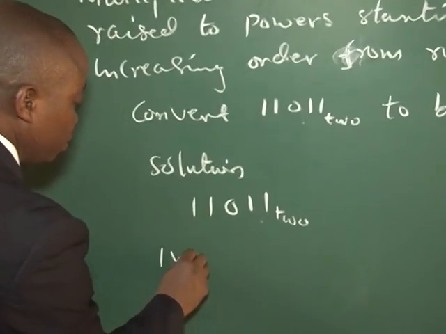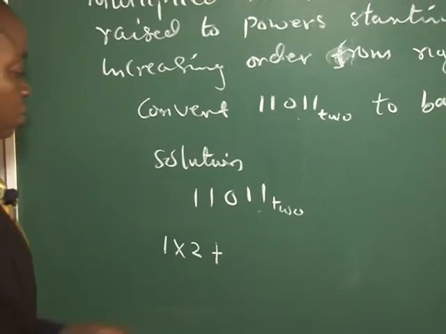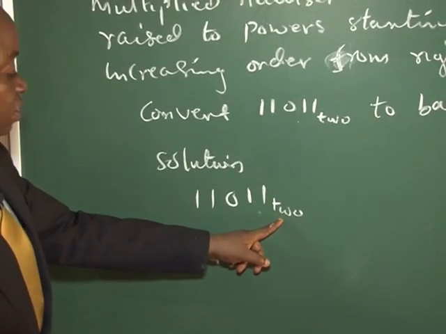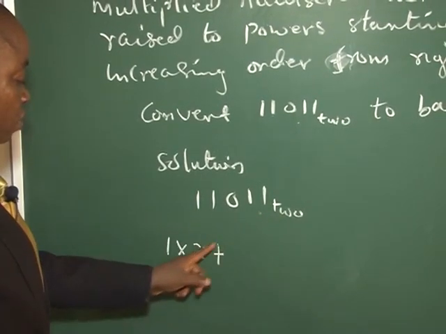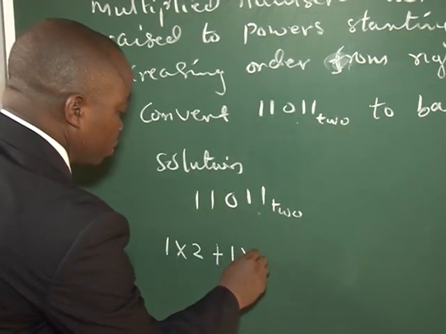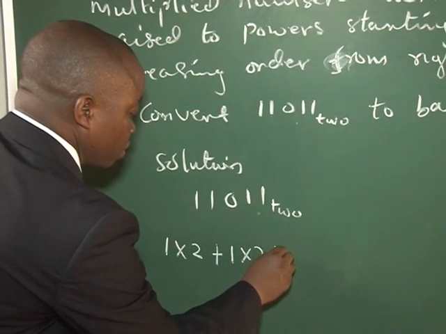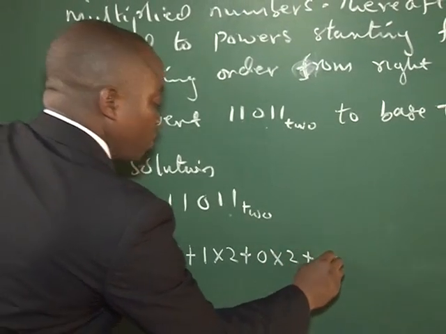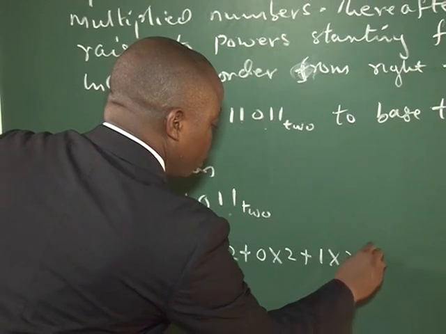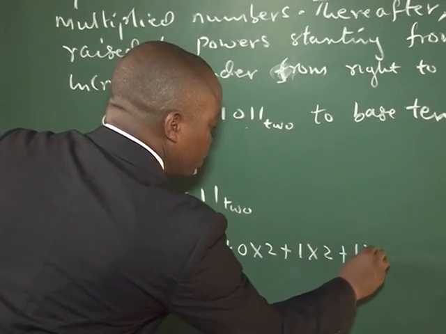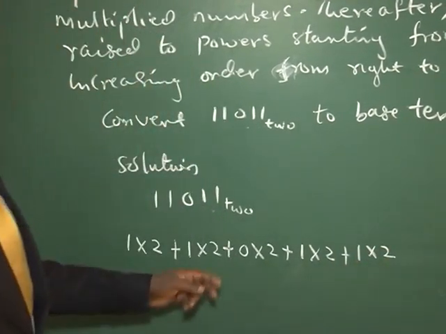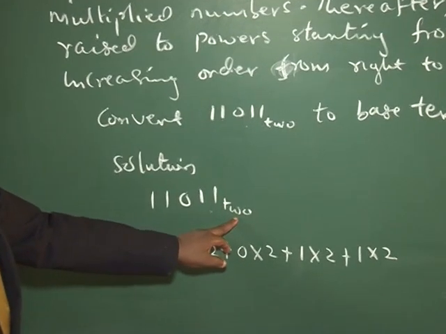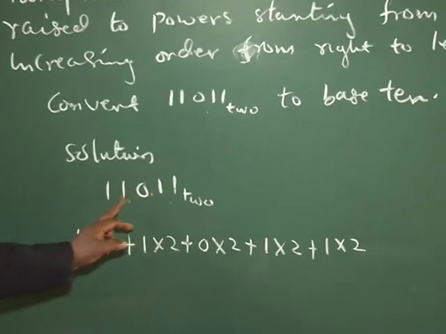1 times 2 plus 1 times 2 plus 0 times 2 plus 1 times 2 plus 1 times 2. Notice that I'm using the base 2 to multiply each number.